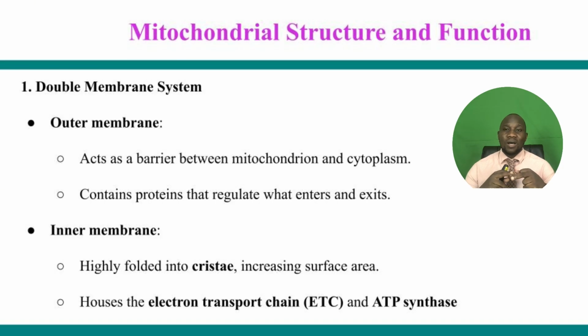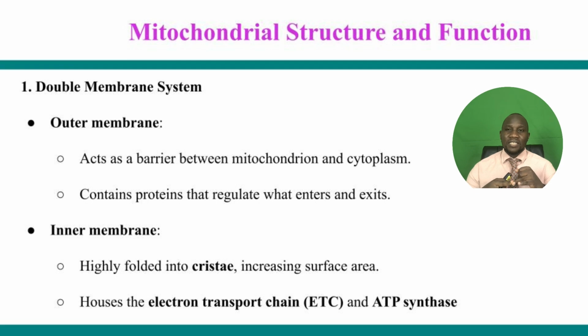The Krebs cycle happens in the matrix of the mitochondria, and then the electron transport system happens in the inner membrane of the mitochondria. This inner membrane has extensions that we call the cristae. It is these cristae that provide a large surface area for the electron transport system.